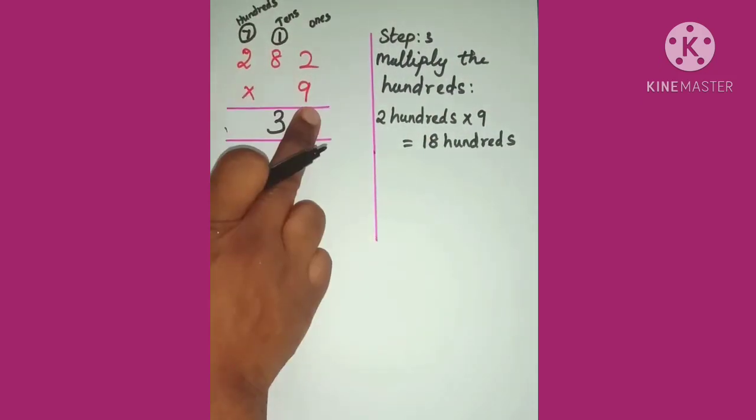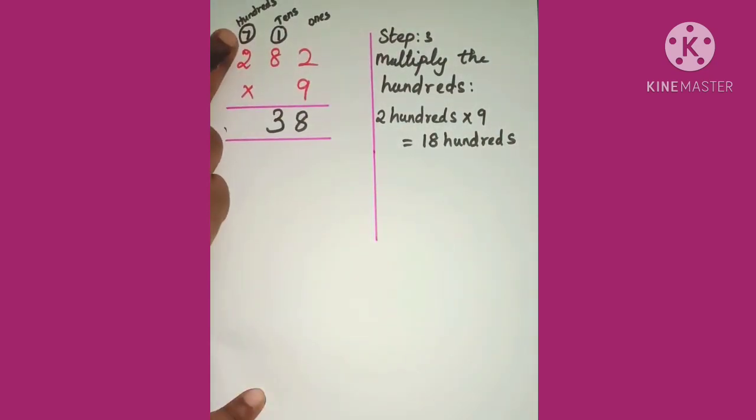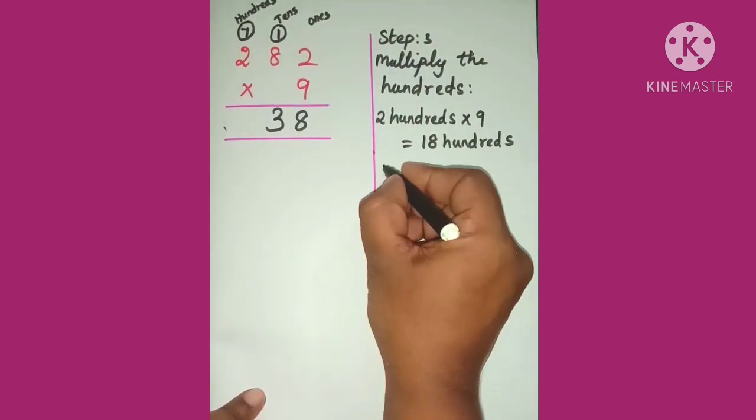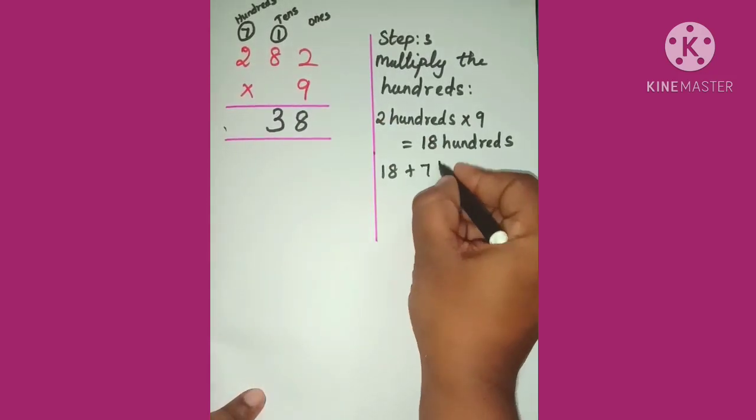That is, 200s into 9 gives 1800s. Already 700s are there, which are the carryover of the previous numbers. So, add 700s with 1800s.